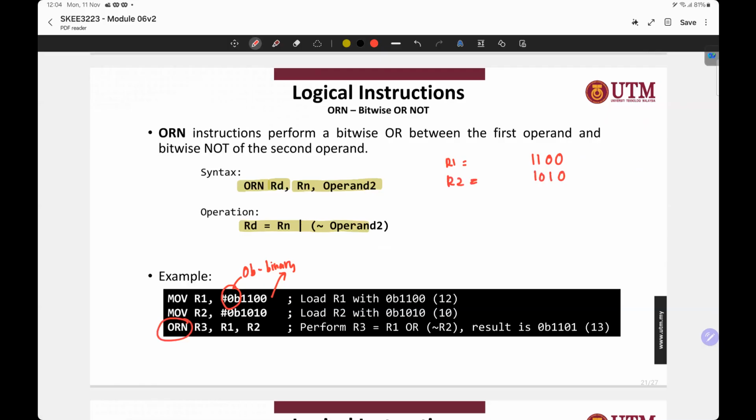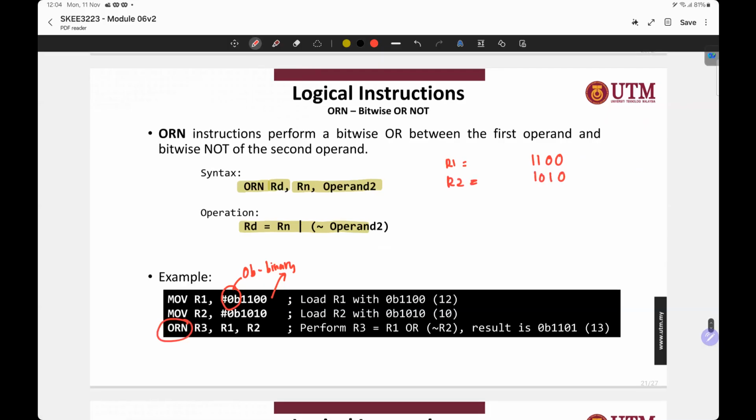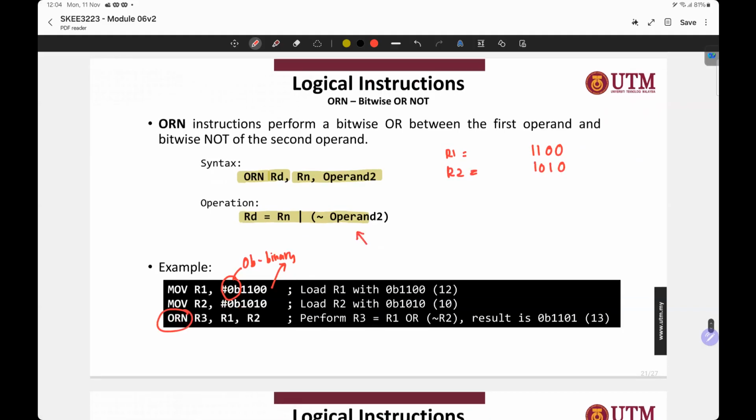Next you're going to do ORN R3, R1, R2. By looking at this operation, you need to get the invert of your R2. So it will become 0101, and the rest will be 1 towards the end.